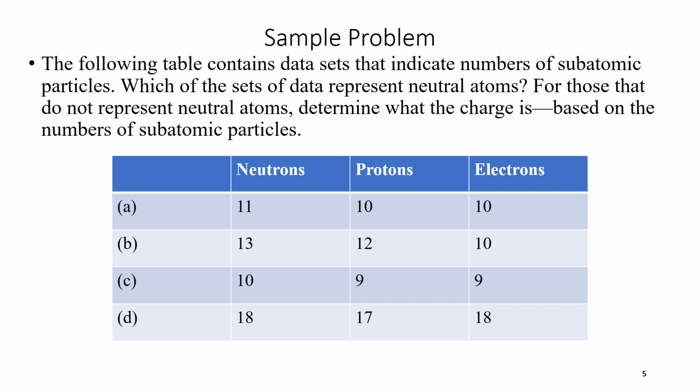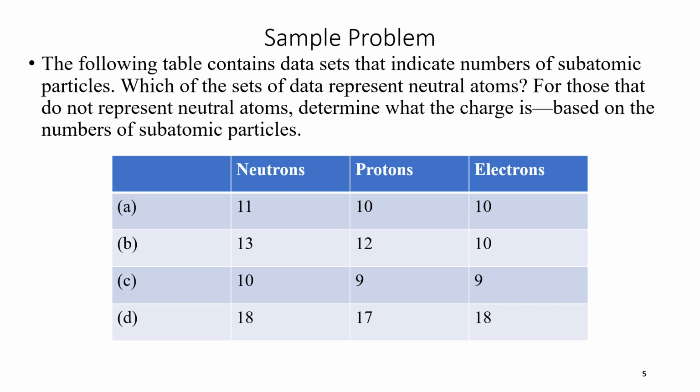And in this table, I notice that A and C have equal numbers of protons and electrons. That means that 10 protons offset the charge of 10 electrons, or 9 protons the charge of 9 electrons, making those atoms neutral. The other two, B and D, do not have neutral atoms because we have an excess of one or the other.